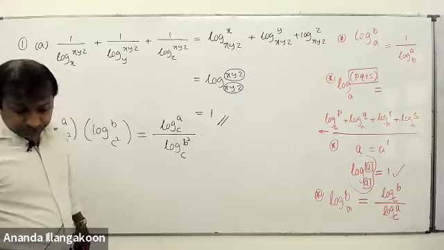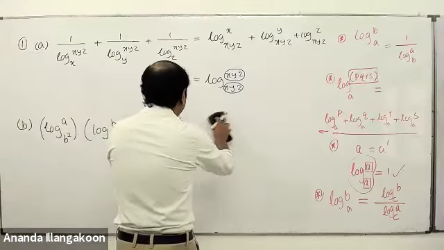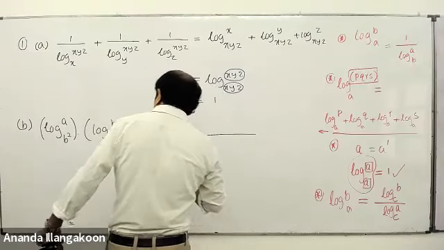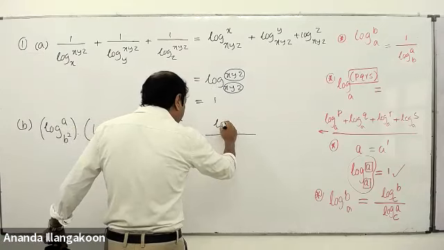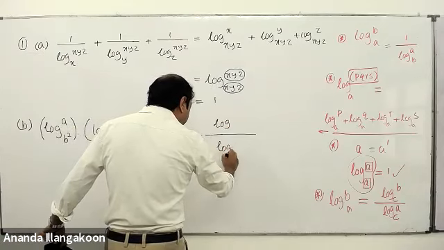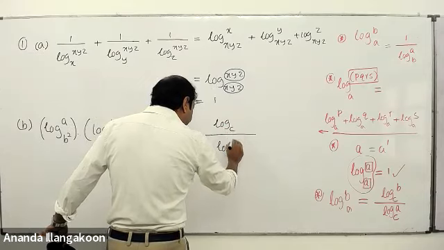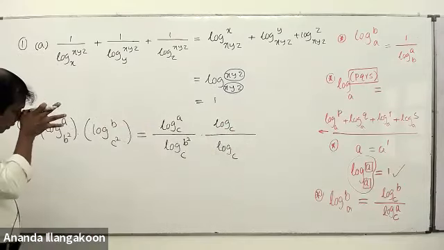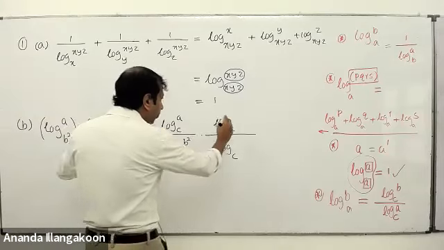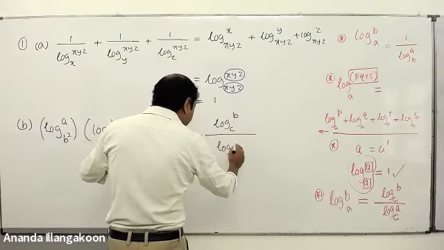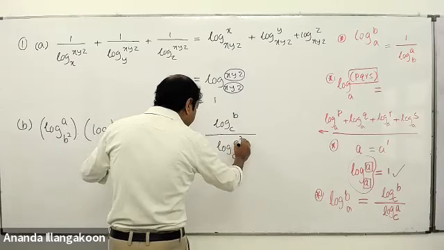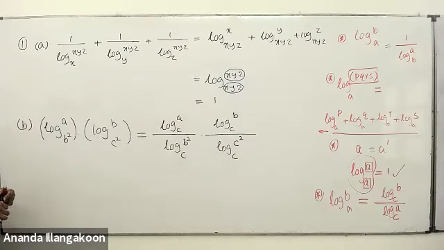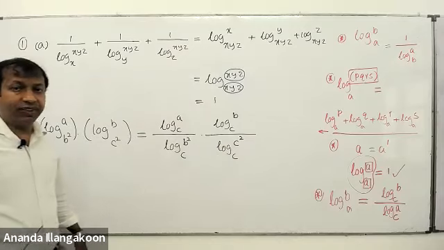Second log term: here I must write log and log, base is C, C. On 2. Now this B coming here, C squared coming here. Right. Now up to here, I think everybody can understand very easily.